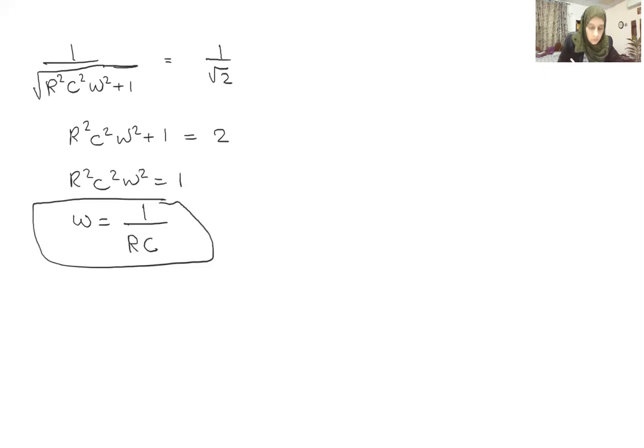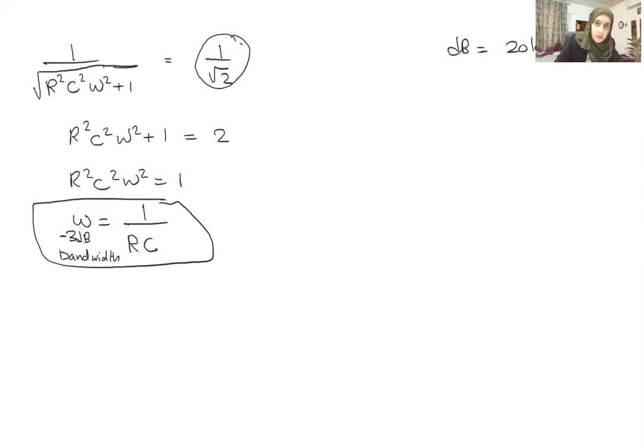This value is very important, and we call it the 3 dB bandwidth. Why 3 dB? If you convert this 1 over square root of 2 into dB, how do we convert to dB? It's 20 log of the value that you are looking for.